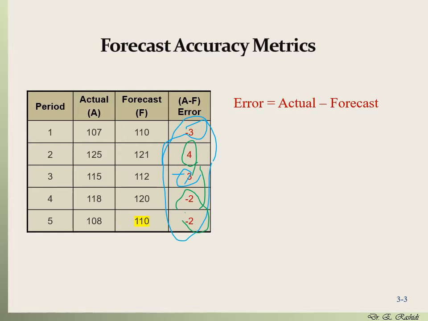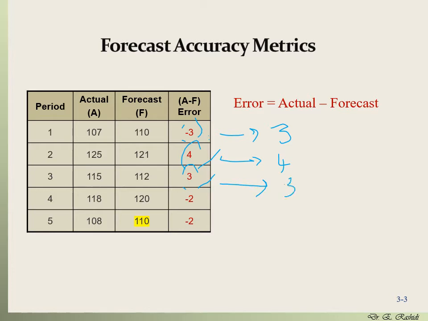So why not consider the absolute value? Instead of using these values on their own, we use their absolute value. So this would be 3, 4, 3, 2, and 2. Or we could square these values. That's another option, right?